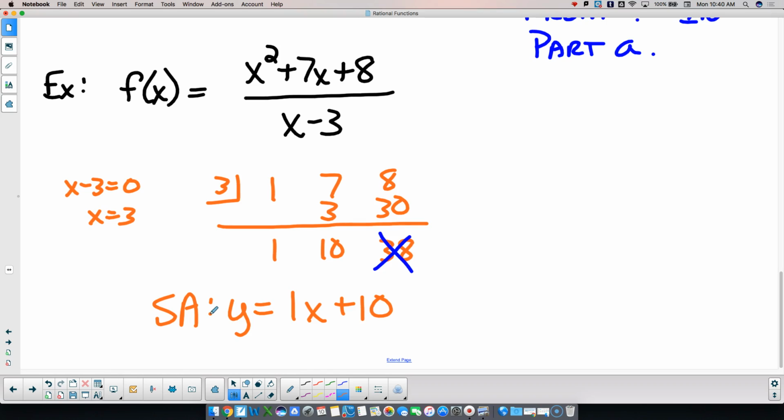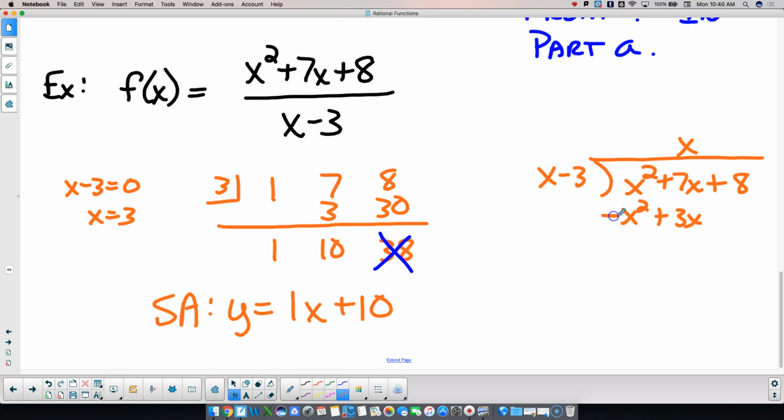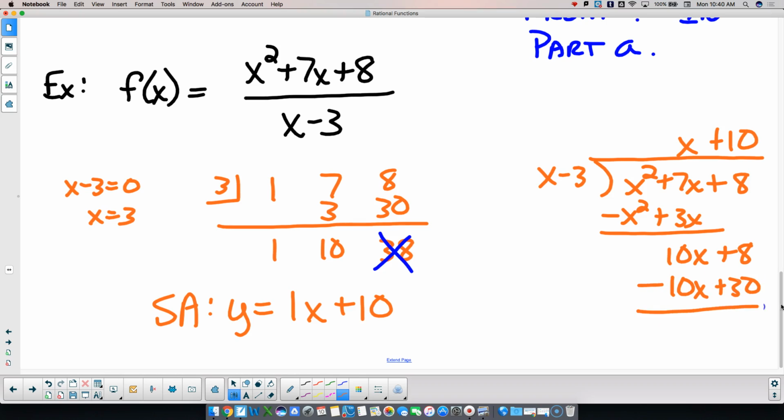Or that's going to be x. That's going to be x squared minus 3x. Change and change. 10x plus 8 plus 10. 10x minus 30. Change and change. 38 is my remainder.